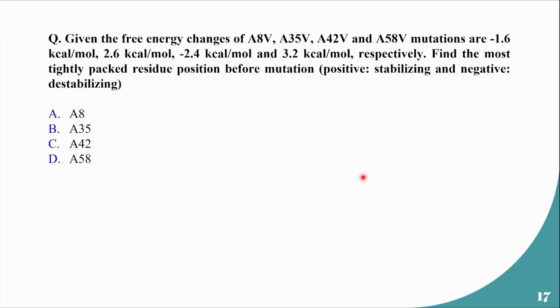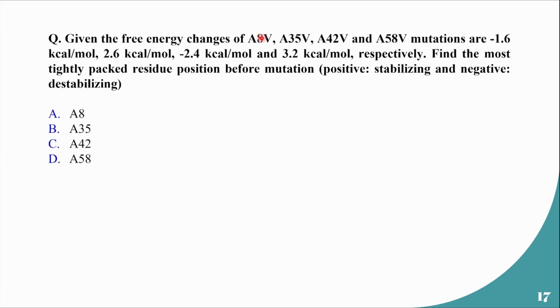So here also you can think about quantifying mutations with a free energy value, right? That is what this question has done. It is talking about 4 different alanine to valine mutations at different positions, and it has given the associated free energy value for those particular mutations, right?